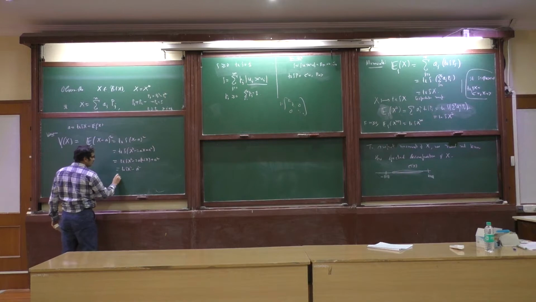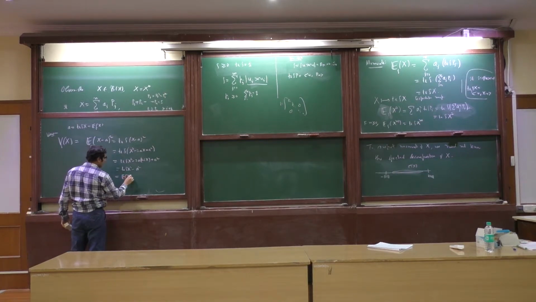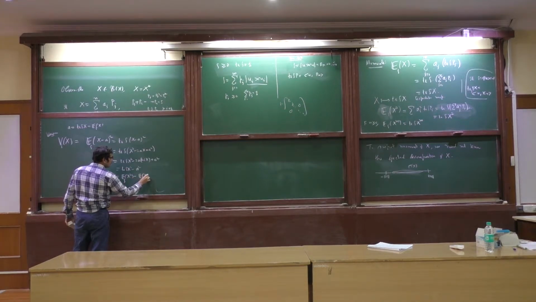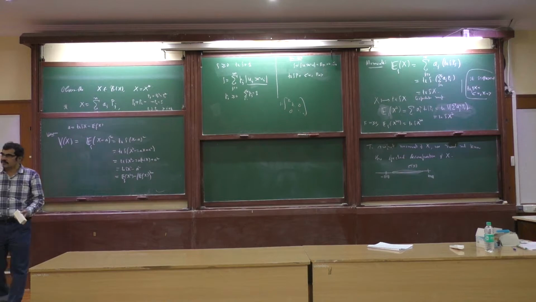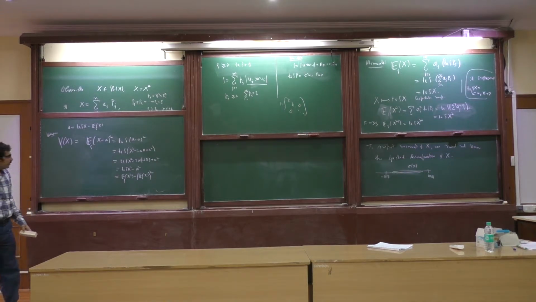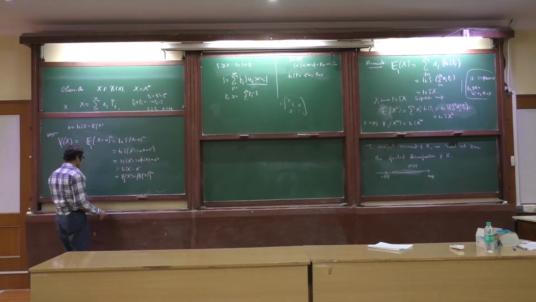In other words, this is the usual expectation of x squared minus the square of the expectation of x. Your typical formula for the variance, the same thing holds. There is no difference. So this is the variance.